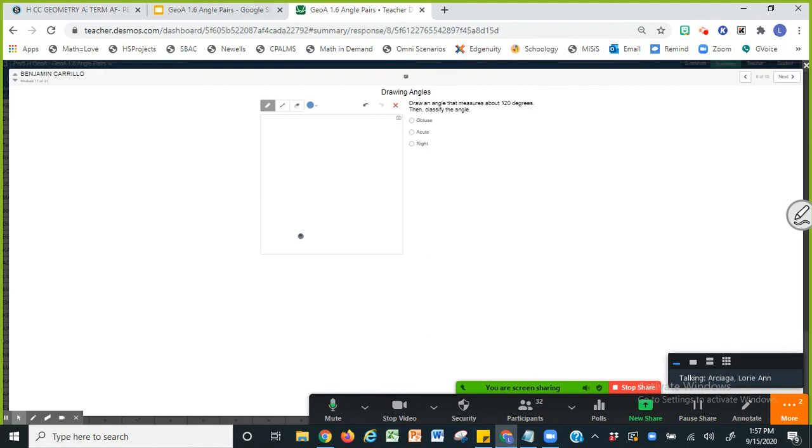Draw an angle that measures about 120. Okay, so think of it as a combination of 90 and 30, right? Because 90 and 30 make 120 degrees. So you can pretty much approximate. And then you have to classify it. So what do you call angles whose measures range from 91 to, let's say, 179? So what do you call those angles?